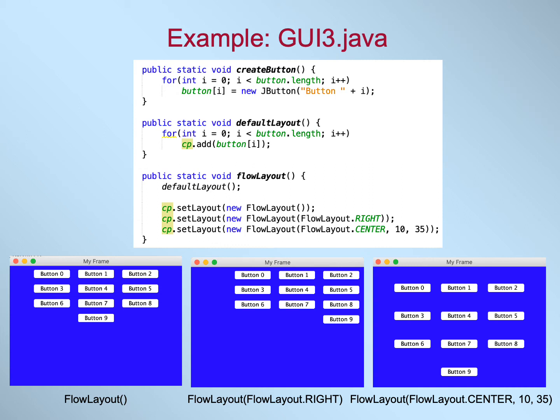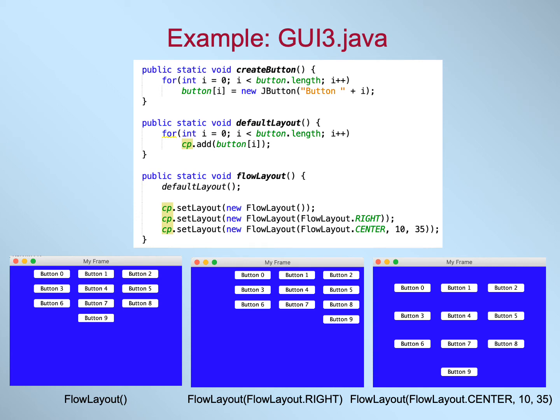If you use the second constructor, which is FlowLayout.RIGHT, where you set the alignment to the right side, then you will get the middle screenshot. In this one, the horizontal and vertical gaps are set to 5 pixels. In the last constructor, where you define the alignment, the horizontal gap and also the vertical gap, if you run it, you will get the third screenshot.